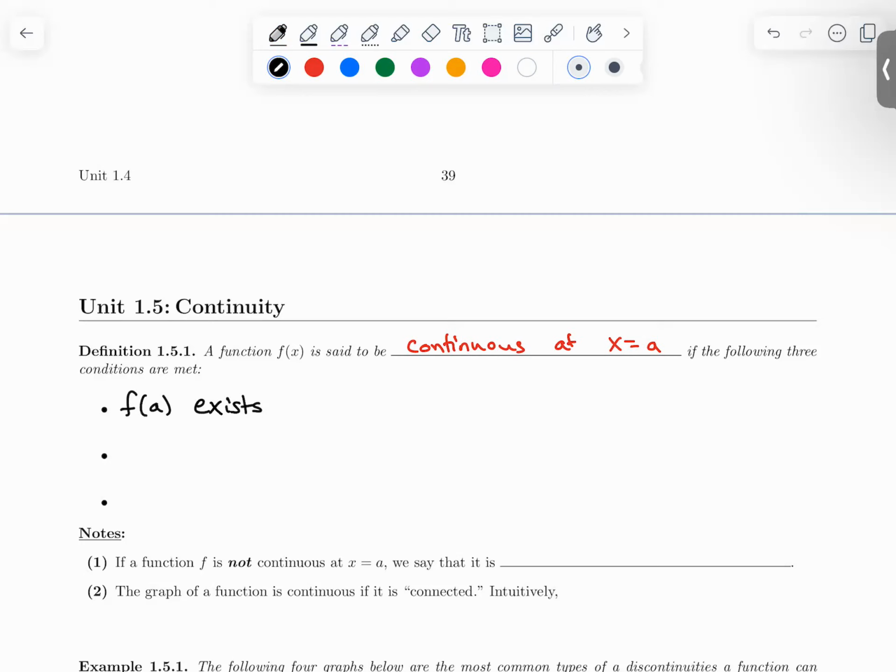The next condition is that the limit as x approaches a of f of x exists as well. And the last condition is that f of a equals the limit as x approaches a of f of x. We need all three.